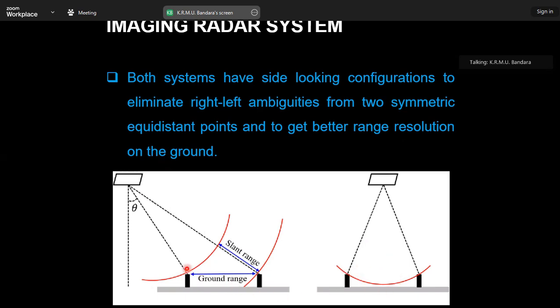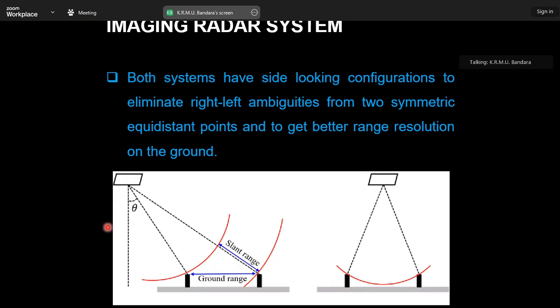We have to make it side looking. That is why the radar system is side looking. The satellite is moving perpendicular to the board and looking to the side, not directly orthogonal, to avoid the left-right ambiguity and get the best range resolution. Resolution in this direction is called the range resolution.